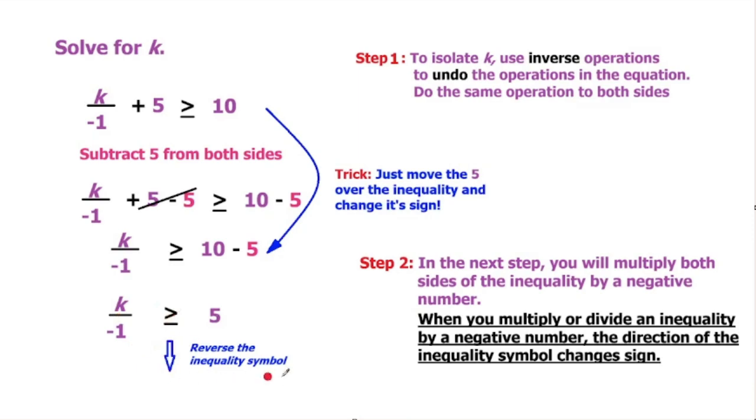So we reverse the inequality symbol. So here it's flipped, okay? Because we're multiplying by negative 1 on both sides. So this cancels out and we're left with k is less than or equal to negative 5. And that's all there is to that problem.